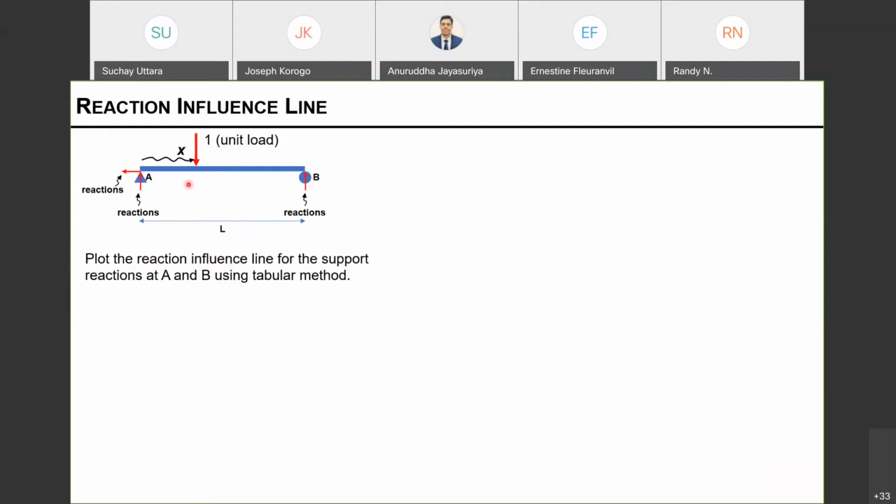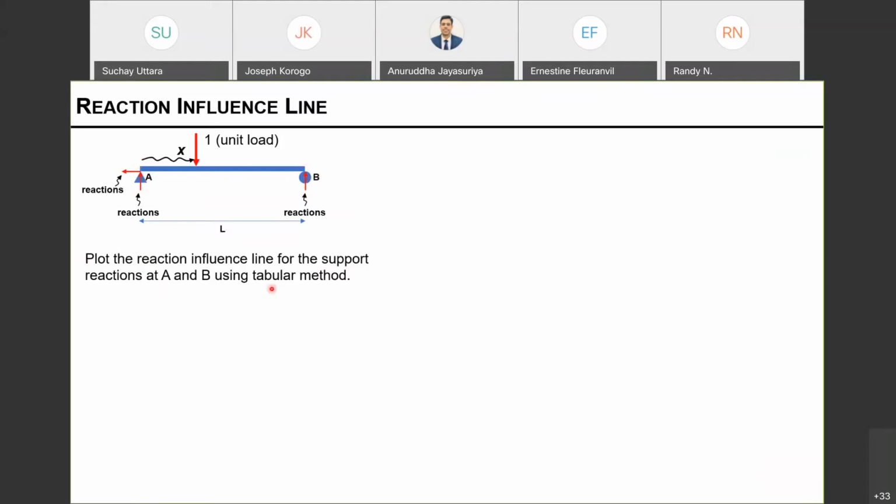So we have two supports. The question is how the reaction at support A and at support B changes when you move this load from A to B.